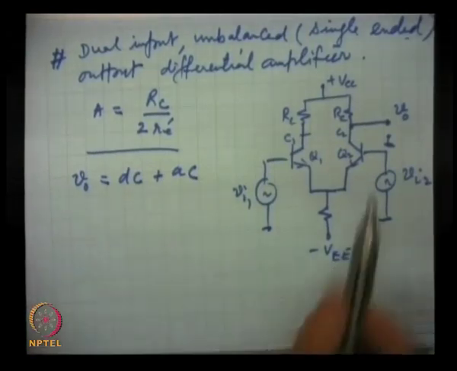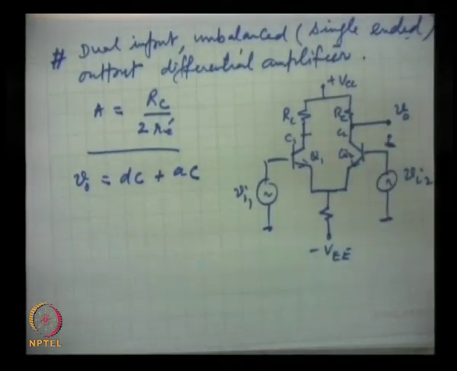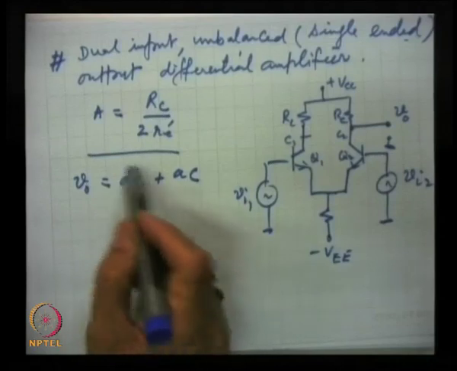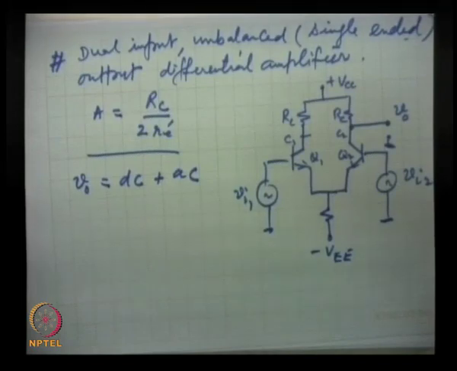If this configuration is to be used, then at some stage we will have to take care, because this will change the DC level of the signal. There are circuits which take care of DC level in amplifiers, so that is to be used. And as I said, input impedance of this amplifier will be the same as in the previous case, because input impedance does not depend on how we take the output.